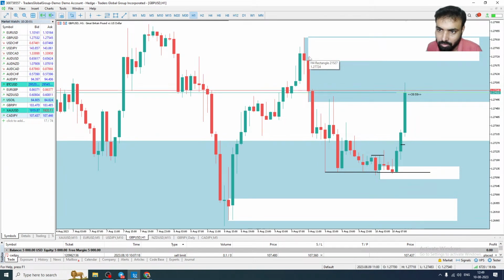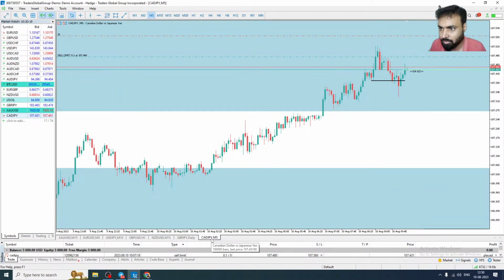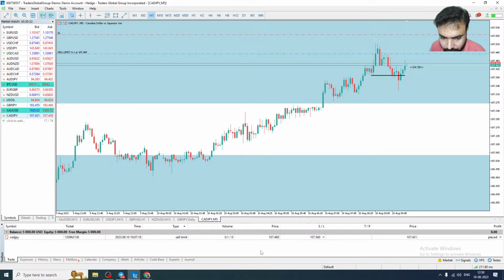This 125 point stop loss level. This is the full candle, full manipulation candle, but we are looking for this half. I think it will trigger right now in a few minutes.